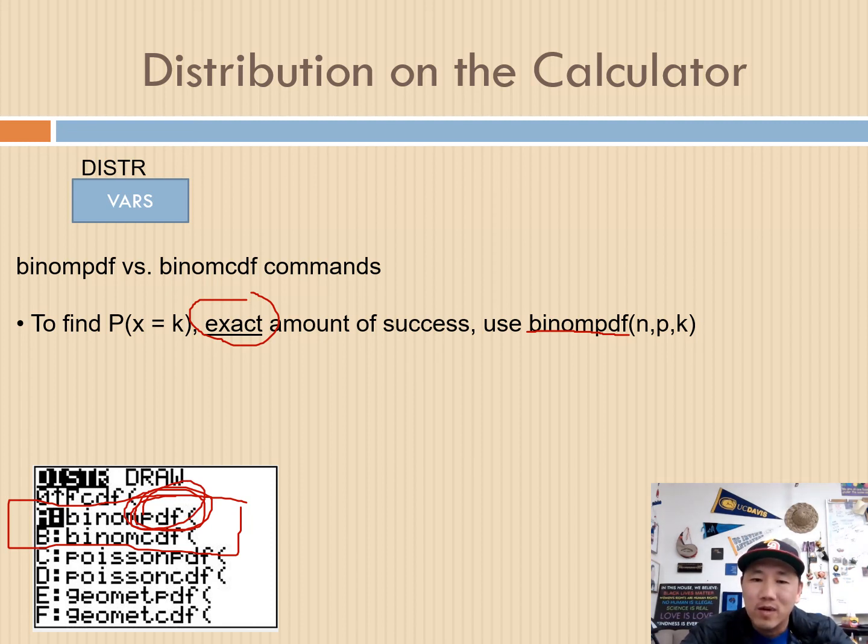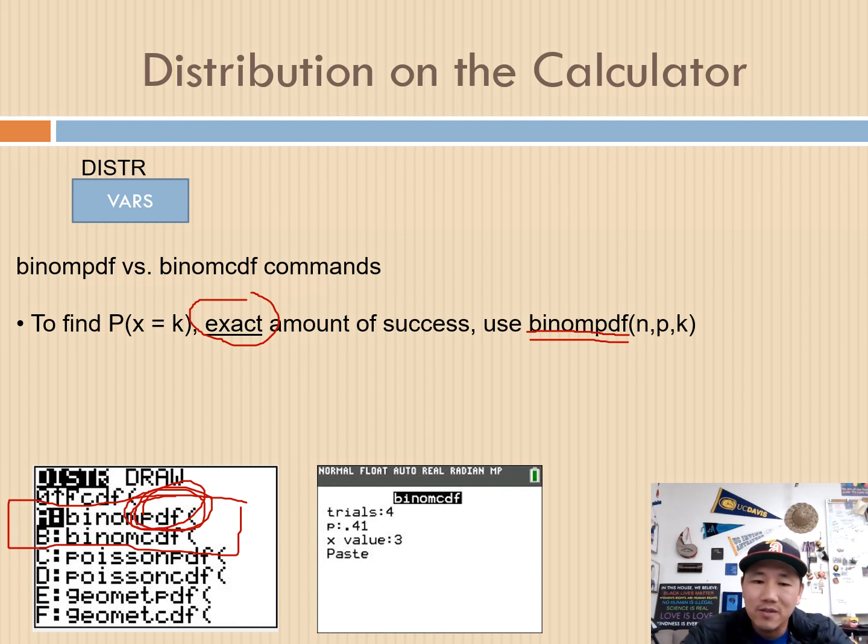Once you click on the PDF option, it'll ask you for trials. That's the N, the number of players there were, 20 total. Then it'll ask you for the P, the probability of success. I forgot what the percentage was, but whatever the probability of success is.